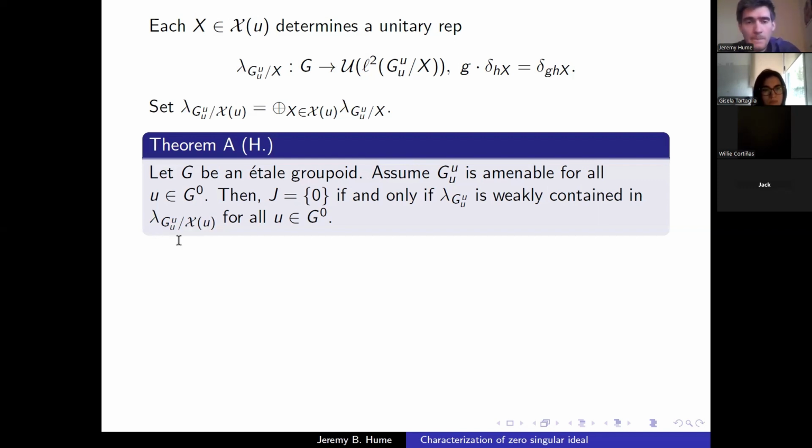Okay. So it's kind of interesting. On one hand, you have an ideal which is constructed from functions that are supported on meager sets, and on the other hand, it's a geometric property about the isotropy groups relative to some collection of subgroups that are defined from the topology of the groupoid.